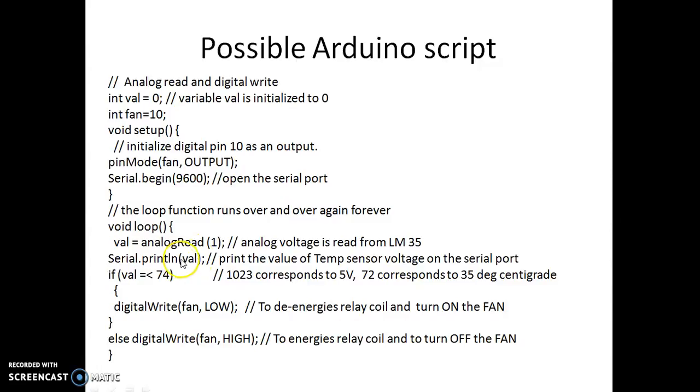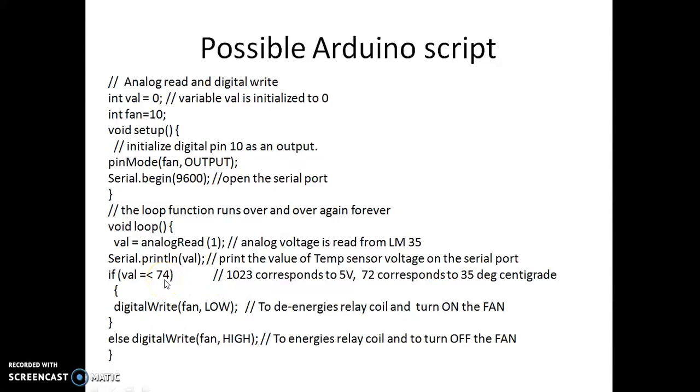The same value will be displayed on the serial port also. If the value is less than 70, because it can be 72 or 74, so this can be 72. If it is less than or equal to 72 and this statement is true, you are putting a low on pin number 10, which is the fan here.